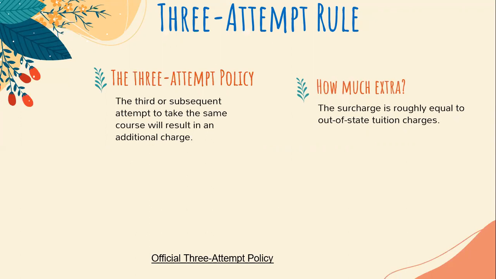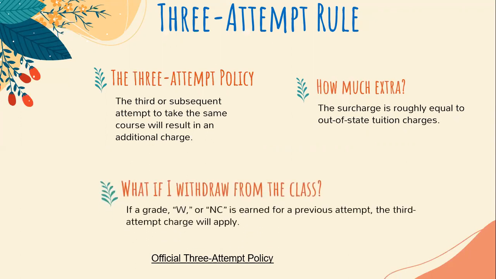So what is considered an attempt? An attempt is any time a student is in a class past the census date. So a student takes a class that requires a C minus or better to move forward.